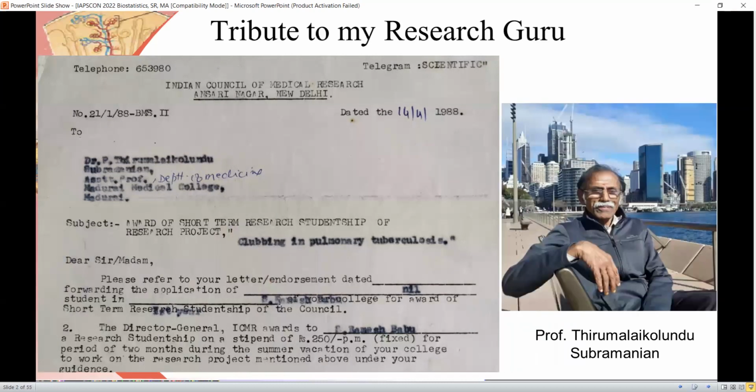I should thank Professor Thirumalai Kolandu Subramaniam, who was instrumental in instilling that little fire of research and basic sciences in me, because he was the one who said that I could do this particular project in the Indian Council of Medical Research, and he also made sure that I presented the same as a third year student in the National Conference of Physicians of India. So that's where my journey to research started.